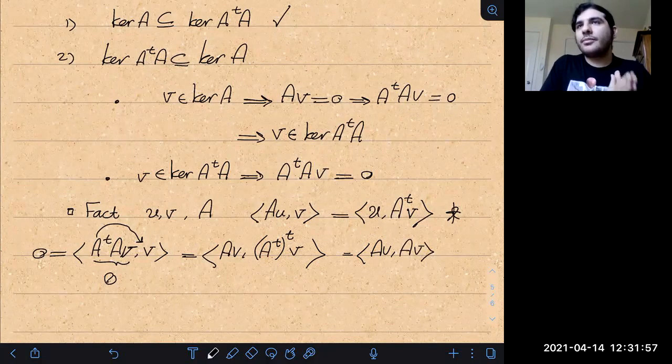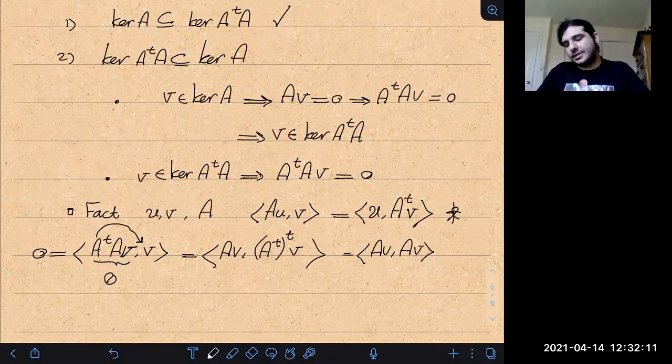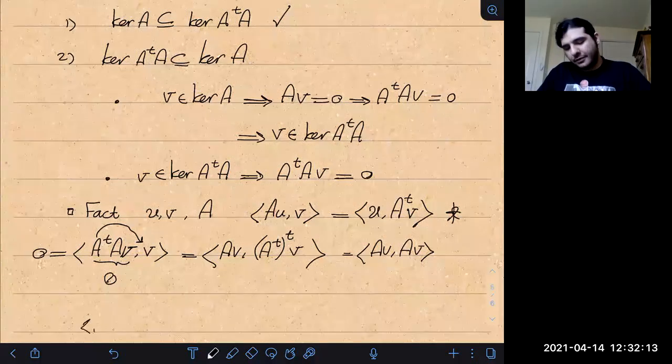The inner product of the vector Av by itself is 0. Do you remember one of the properties of the inner product was that if the inner product of something with itself is 0, it has to be 0? So if the inner product of Av with itself is 0, Av has to be 0.